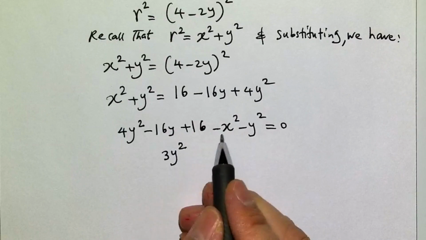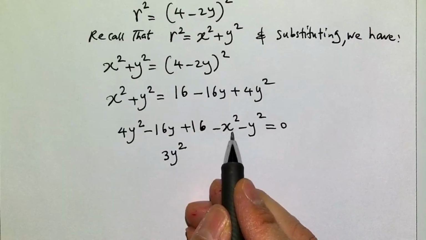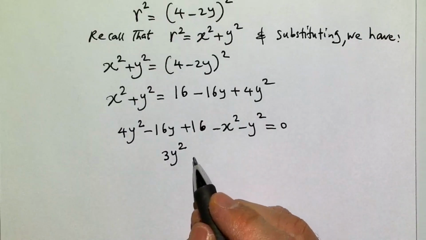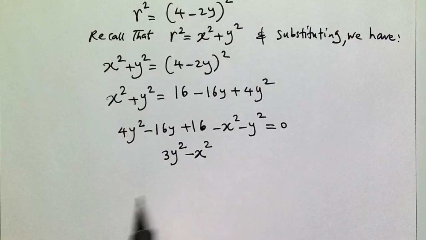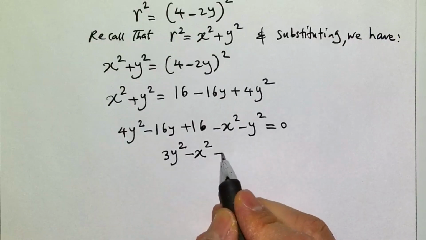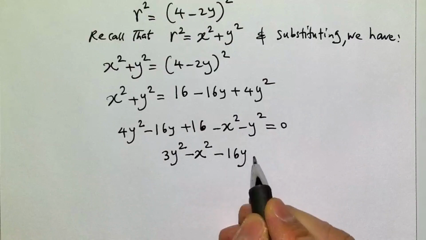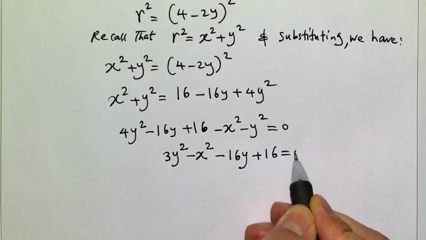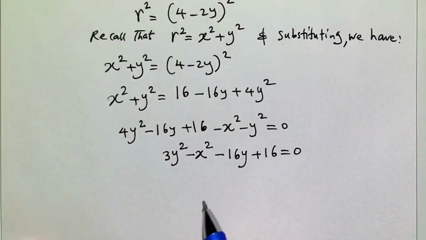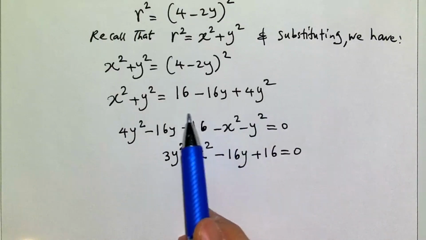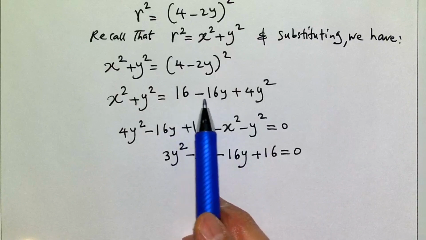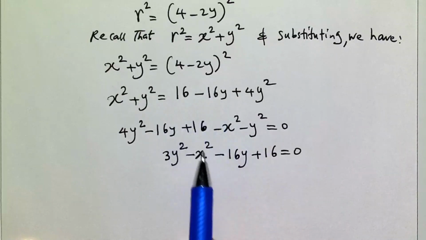And then we have another squared term there, so let's bring that next. We have minus x squared, and then minus 16y, and then plus 16 should be equal to 0. So did I do that right? Minus 16y.